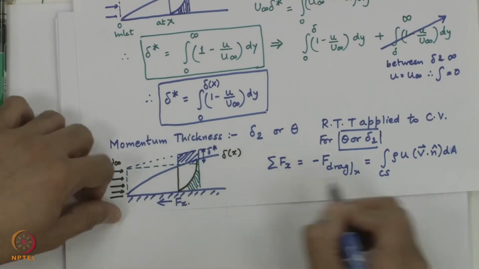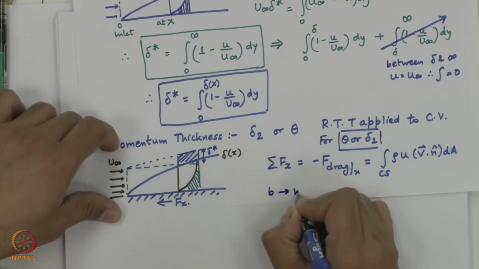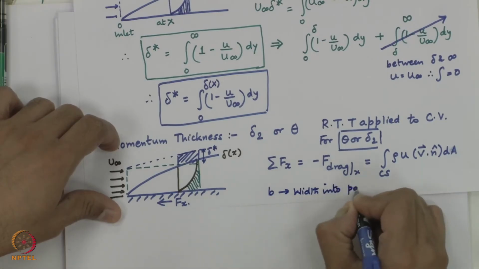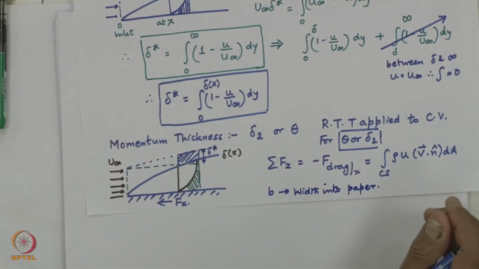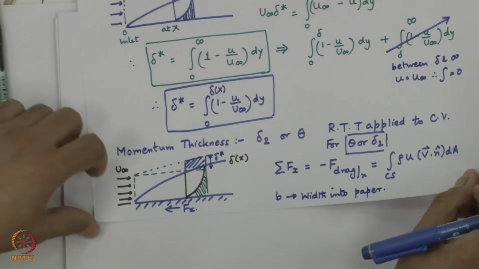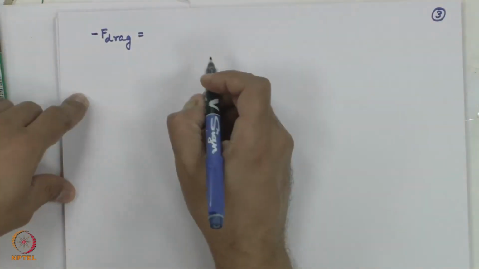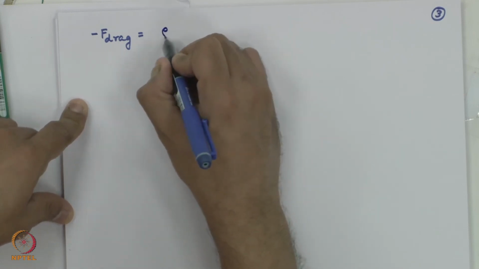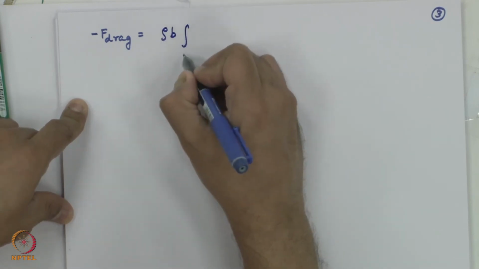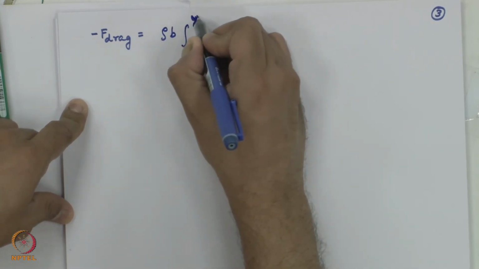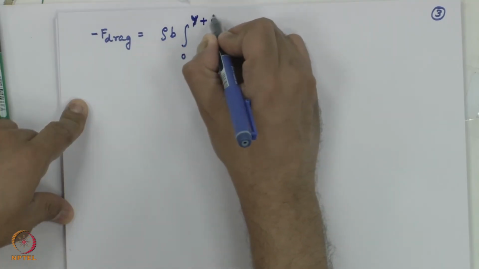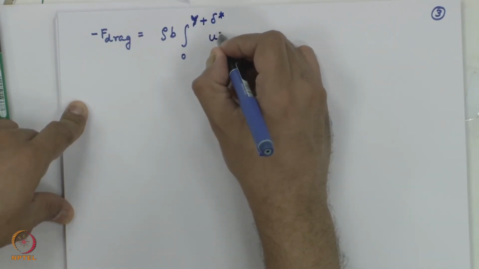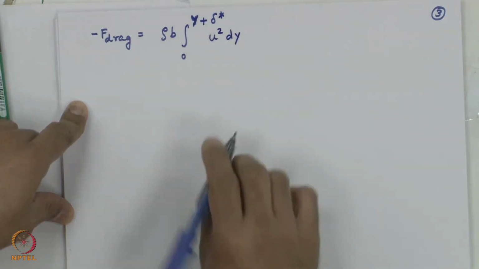B is the width into the paper. dy is the thickness of this strip that I take. So, if I am going to integrate this, I am going to write this as rho b integral 0 to capital Y, this is capital Y, not the variable, capital Y plus delta star local, u square dy. How do I get this?